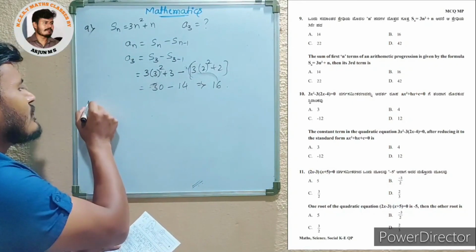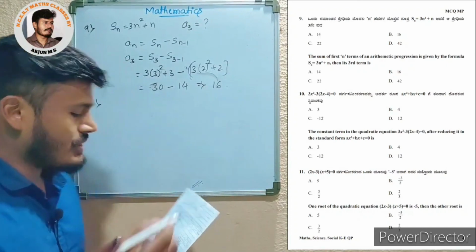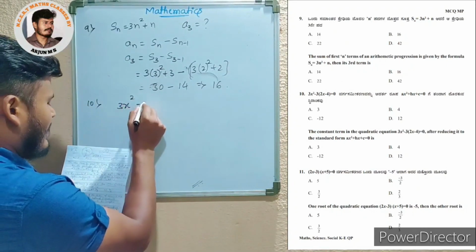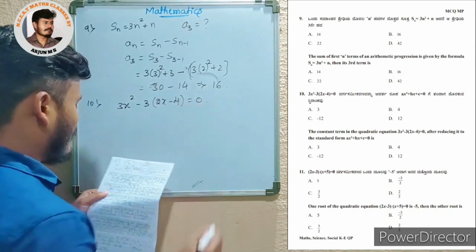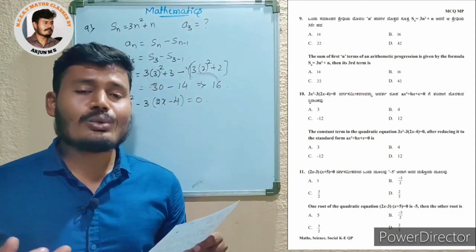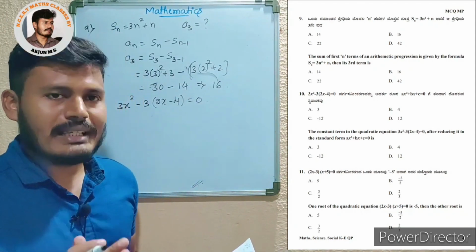Now moving on to the 10th question. The constant term in the quadratic equation 3x square minus 3 of 2x minus 4 is equal to 0, after reducing it to standard form ax square plus bx plus c is equal to 0, is.